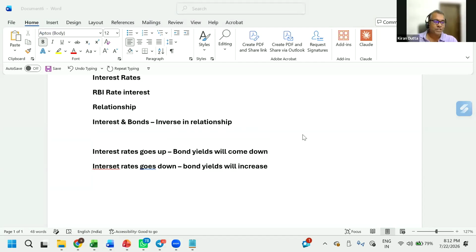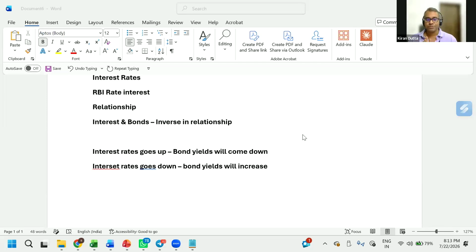I'll tell you what exactly happened, not related to the exam per se, but this is more from the information perspective. What happened last year was equity did not deliver anything, and when equity doesn't deliver returns, people go to debt, primarily fixed income, right? Interestingly, last year fixed income also did not deliver anything. We'll come to the reason in a bit.